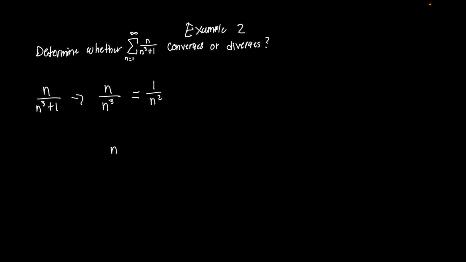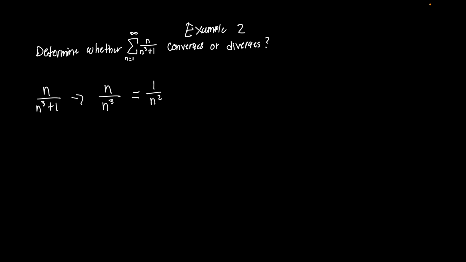Because when you divide two terms with exponents, it's like subtracting them. So n to the fourth over n squared would be n squared, because 4 minus 2 is 2. In this case, 1 minus 3 is negative 2, and n to the negative 2 can be rewritten as 1 over n squared to make the exponent positive. That's why n over n cubed is basically 1 over n squared.